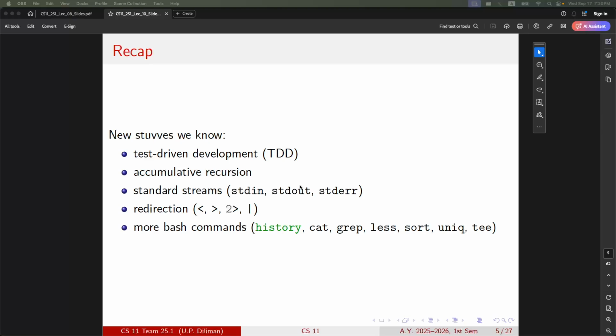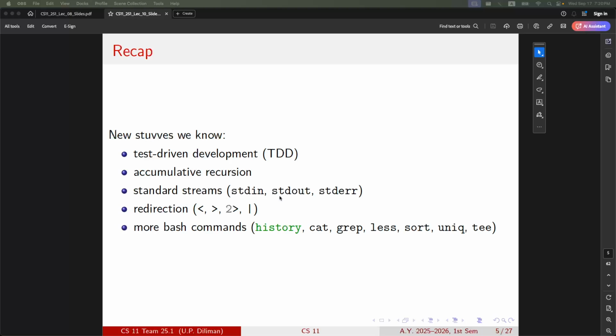And the main thing that we learned from the previous lecture would be cumulative recursion, or another name we used for it was loopy recursion. In a cumulative recursion, we store an extra argument or extra arguments in our recursive functions, and that's where we build up our solutions step by step.